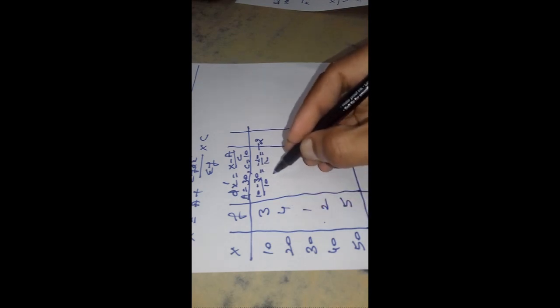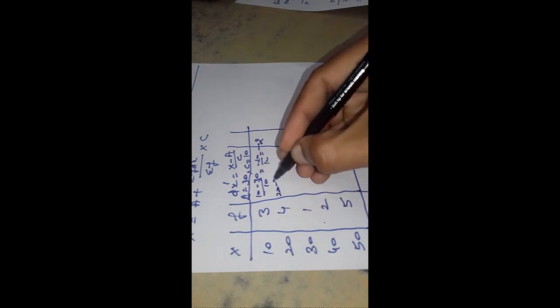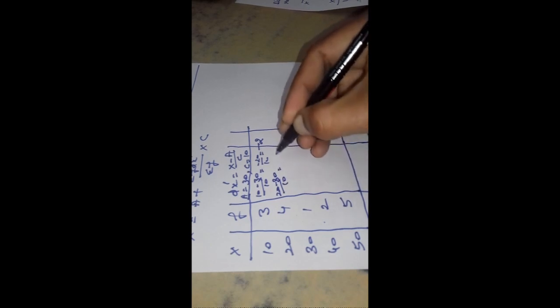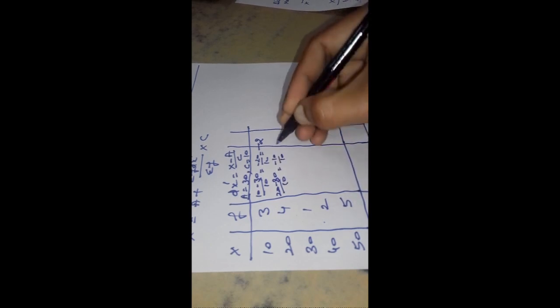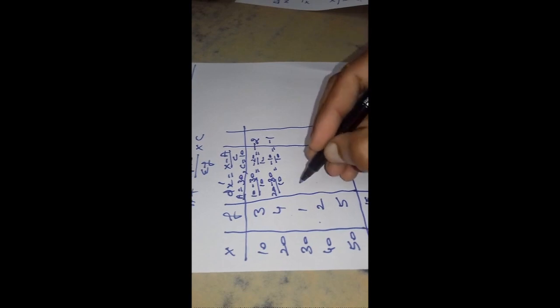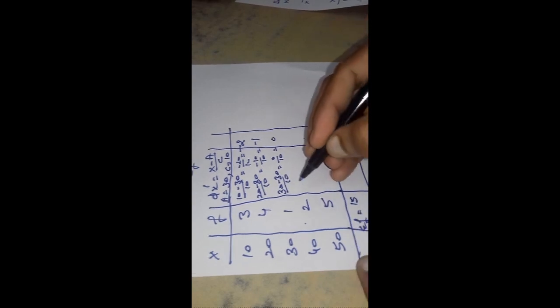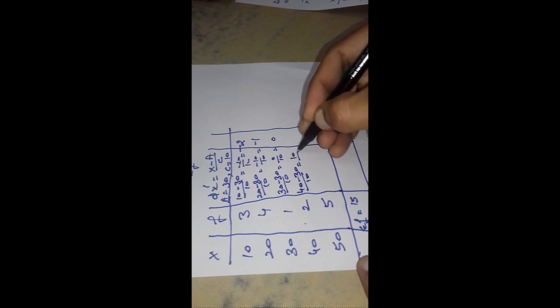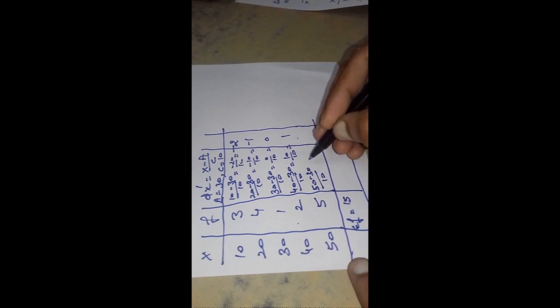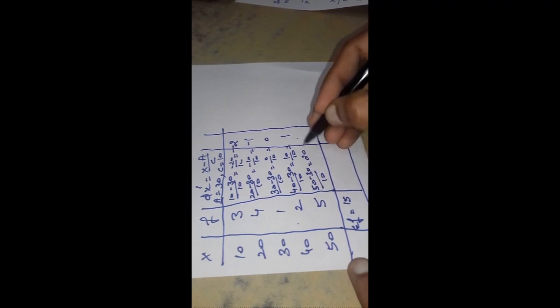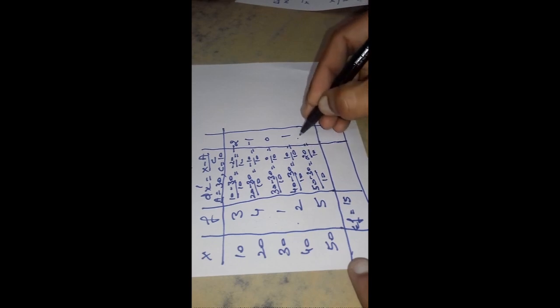Again 20 minus 30 over 10 equals minus 10 over 10, which is minus 1. 30 minus 30 over 10 equals 0. 40 minus 30 over 10 equals 1, and 50 minus 30 over 10 equals 20 over 10, which is 2.